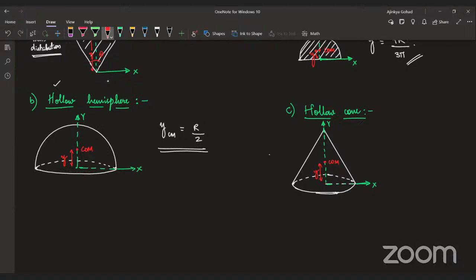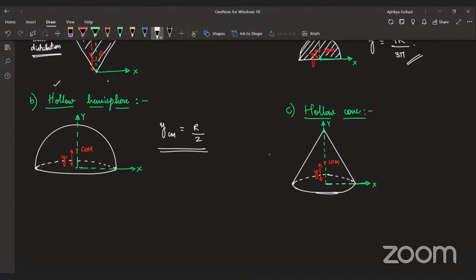And if I break it down into rings, I can calculate the position of the center of mass. And it comes out to be like a triangle.